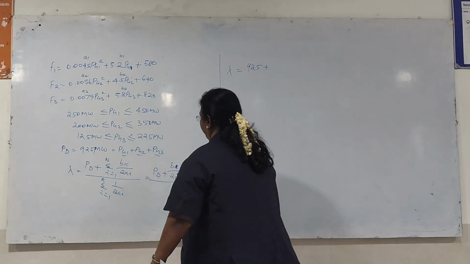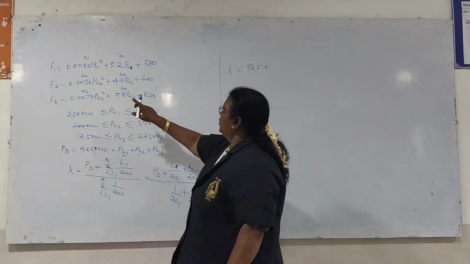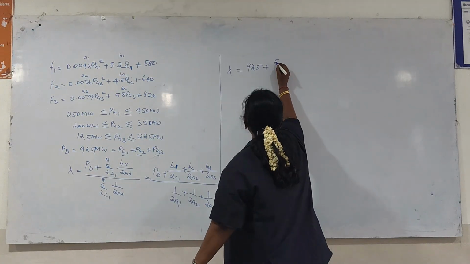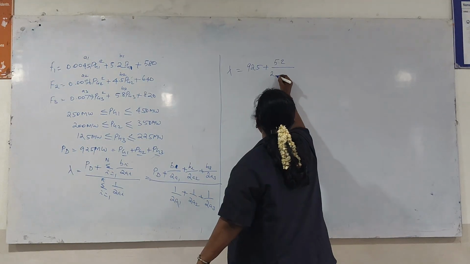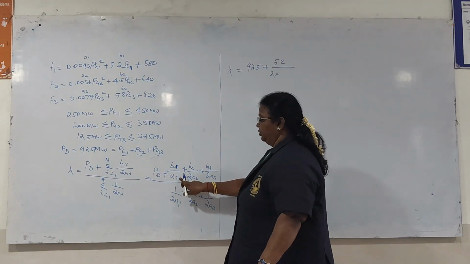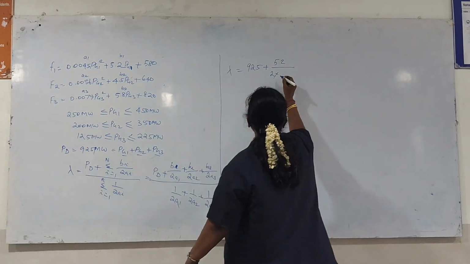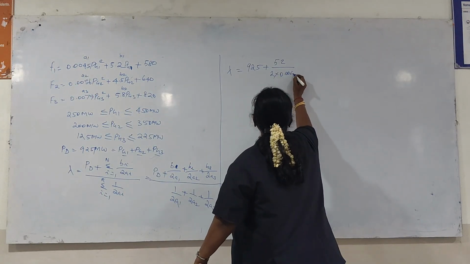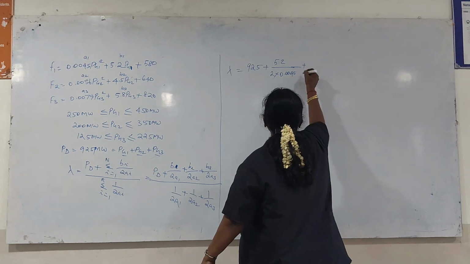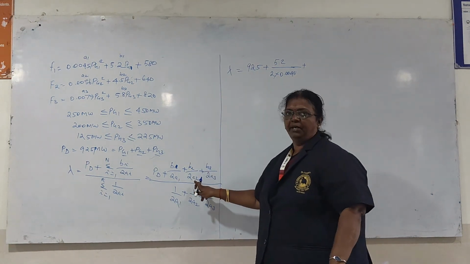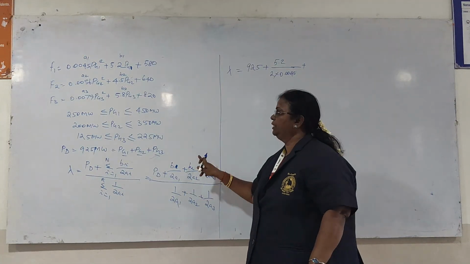plus B1 by 2A1. What is the value of B1? 5.2. So 5.2 by 2 into A1. A1 is 0.0045. Right? Plus, then B2 by 2A2.